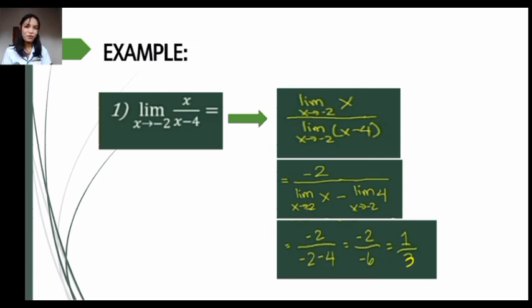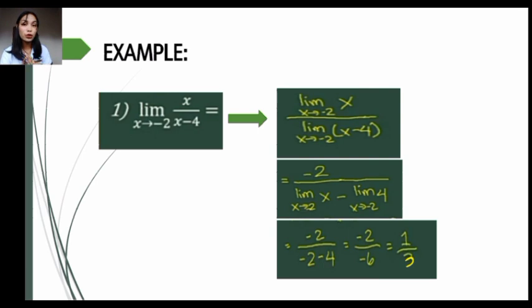So that is how we use our quotient rule. As a summary, in the product rule, if we have two functions separated by multiplication, then we use the product rule and apply the necessary theorems.